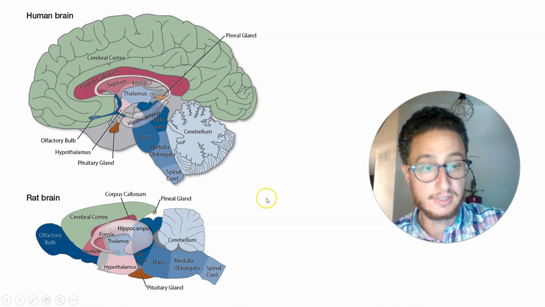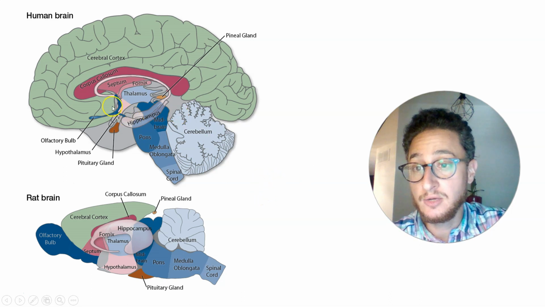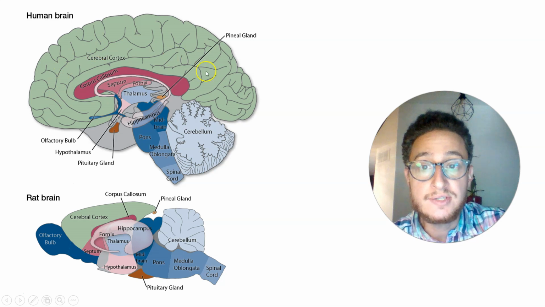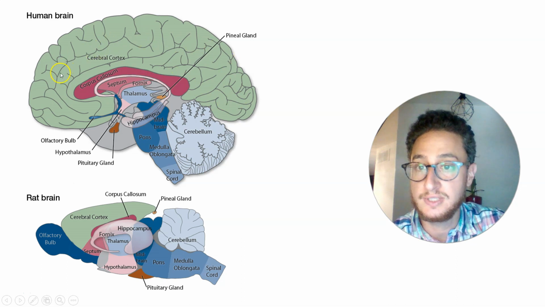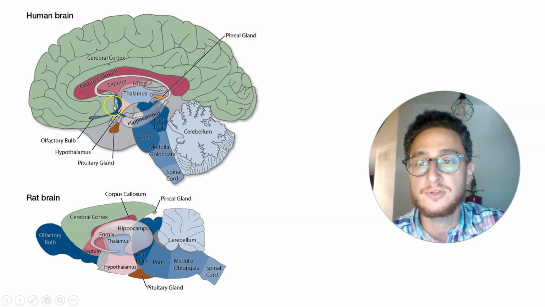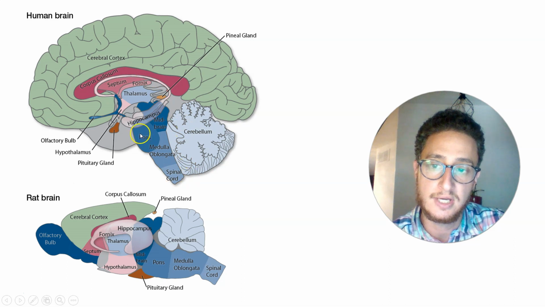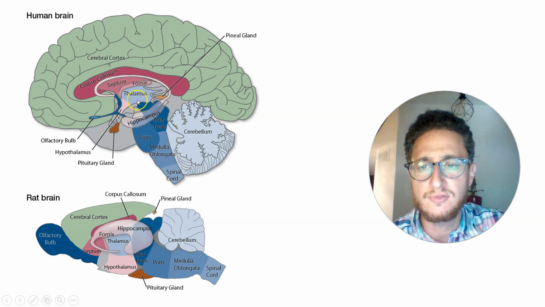Another interesting thing to look at is what's inside of that brain. And while most of that processing and thinking, and most likely our consciousness, is probably located in this cerebral cortex, this big green region here, there are all these other structures inside of the brain doing all sorts of different functions too.